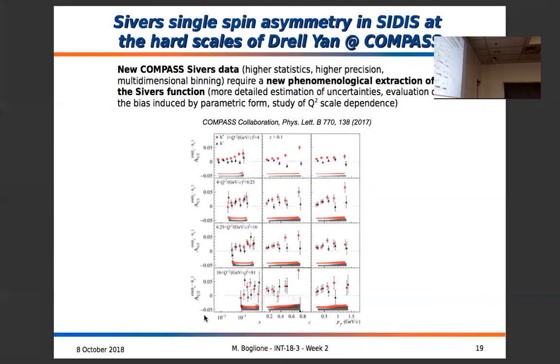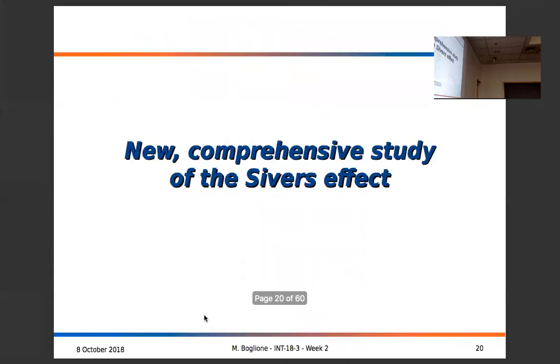They've also made a reanalysis of the SIDIS data on the Sivers effect using multi-dimensional binning, studying them in 4 Q-squared bins, which, at least the intention was, makes the Q-squared evolution study a bit easier for this data.